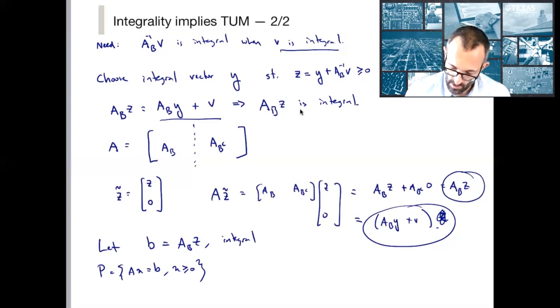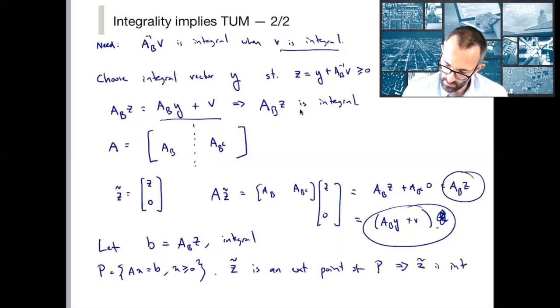So z tilde is an extreme point of P. Hence, z tilde is integral. But if z tilde is integral, z tilde is just z, 0, so that means that z is integral.